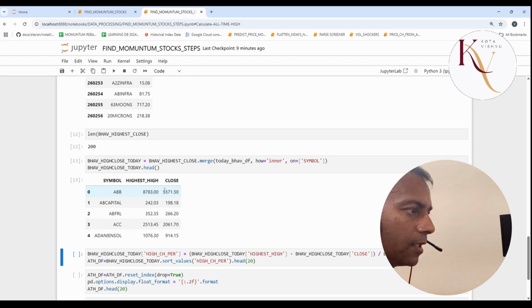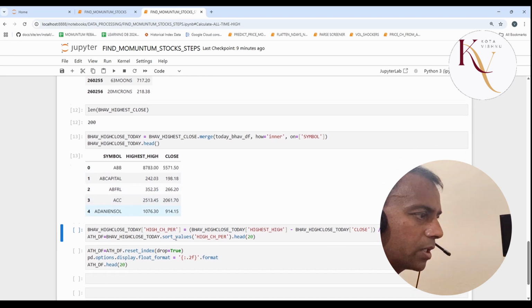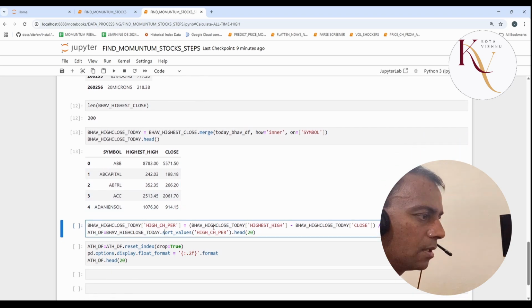Now we can see, for example, ABB's highest close is this, and the current close is this. This could be because of the recent fall, this much difference is there, right? Like that you can see for every stock there is a highest close and the recent current price.